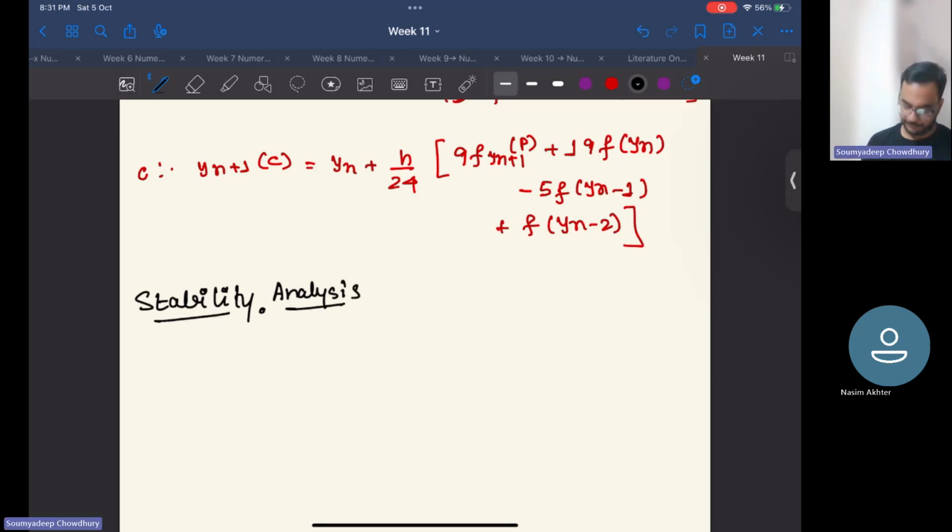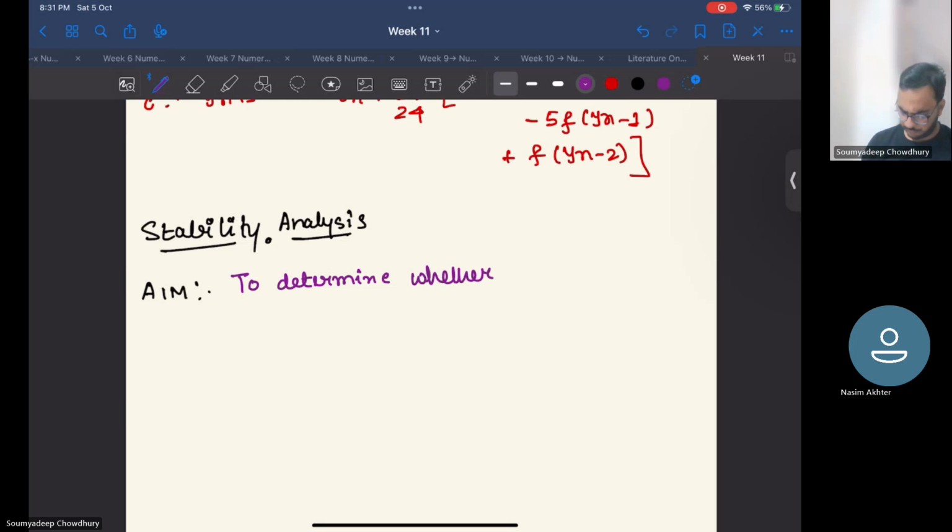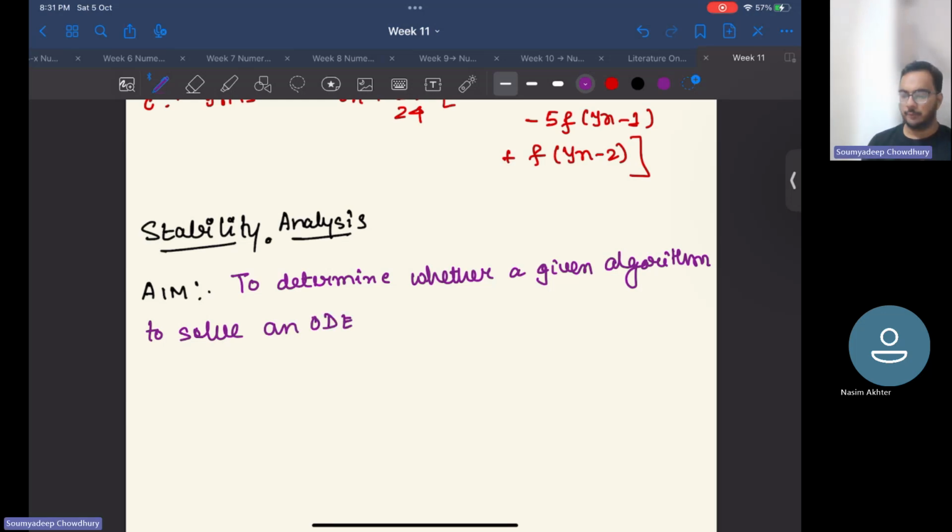Stability analysis. So what is our aim here? Our aim is to determine whether a given algorithm to solve an ODE is stable.